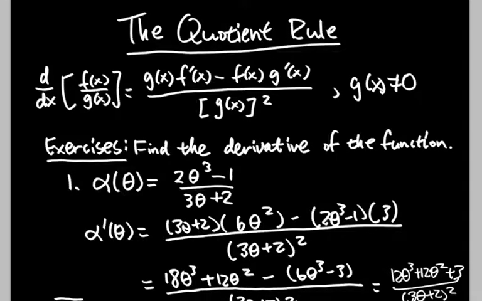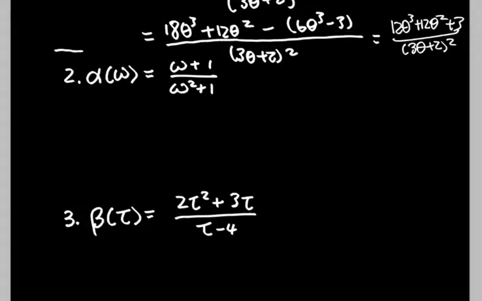Alright, and that works. So now try this. So what I want us to do right now is just pause the video, try this, and then I'll just resume. So pause the video.